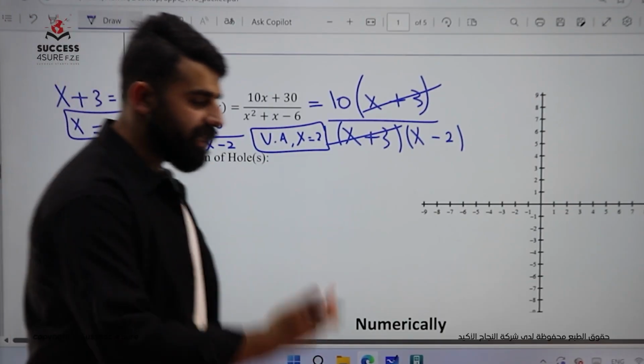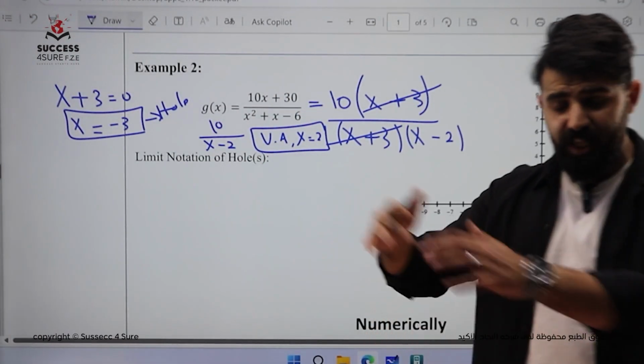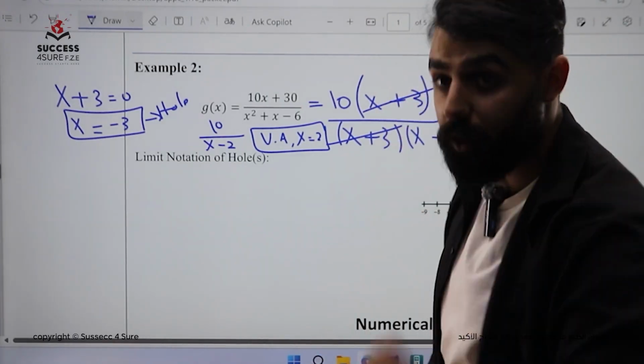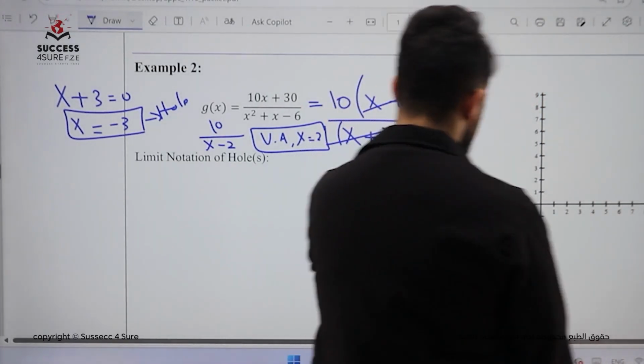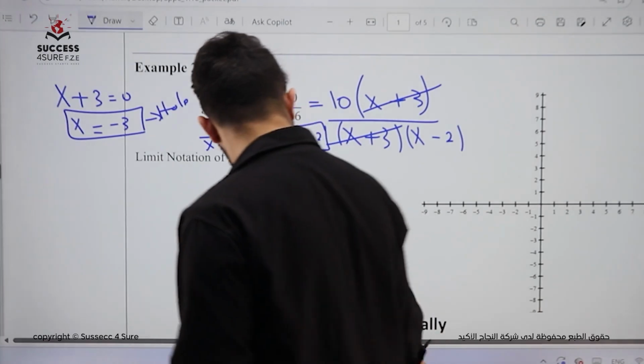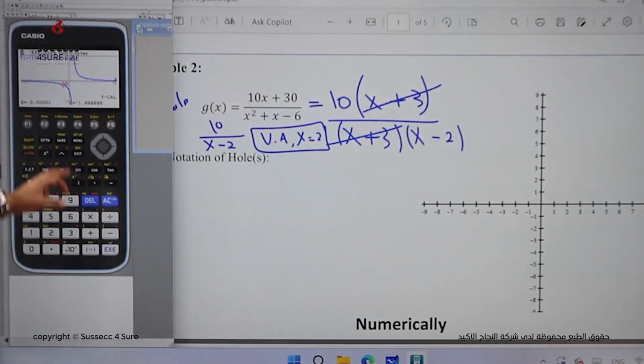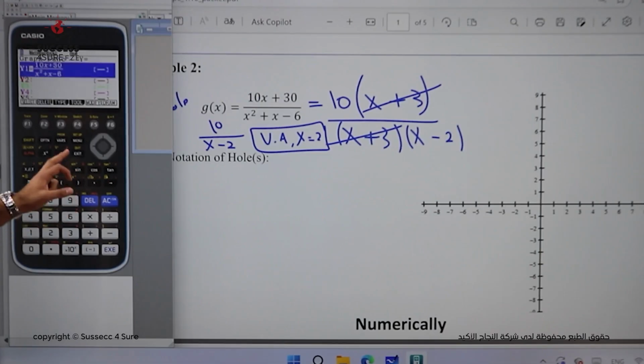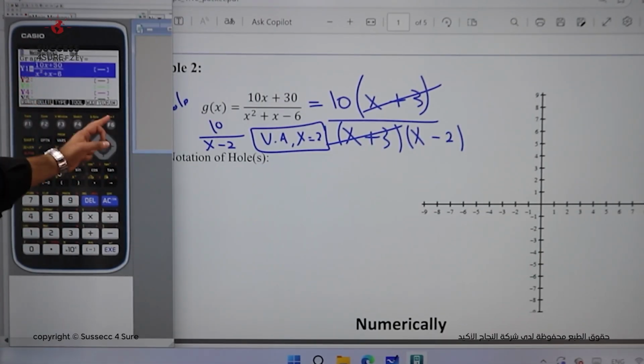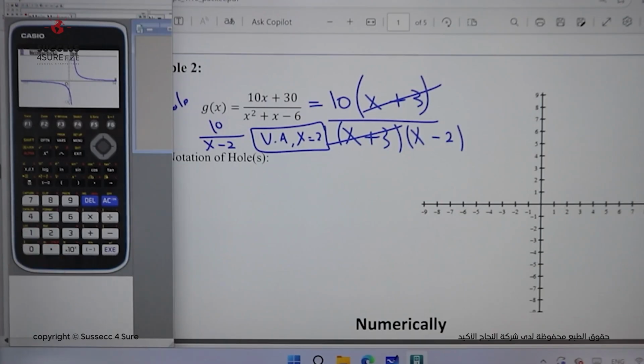We can summarize this by saying that the bracket you are canceling gives you a hole. If you want to understand more, you can draw your function. The function is 10x plus 30 divided by x squared plus x minus 6. Draw it and you're going to get this shape.